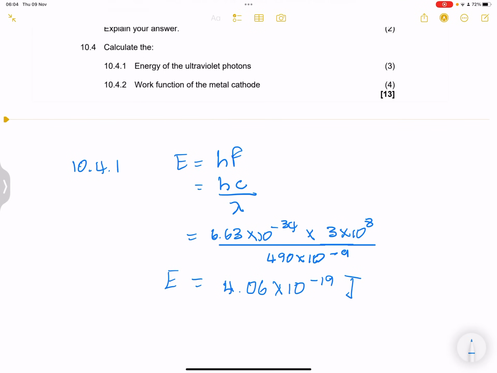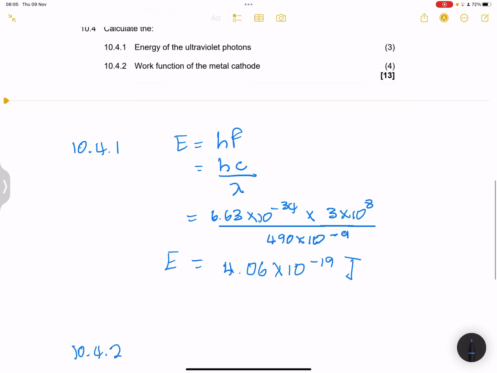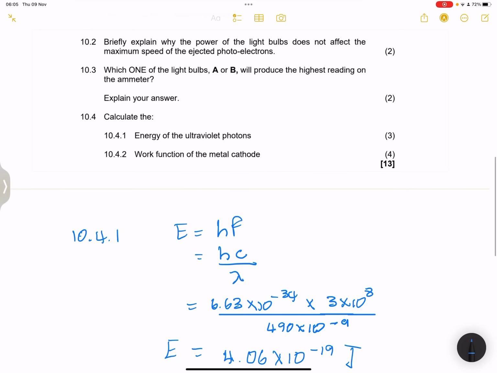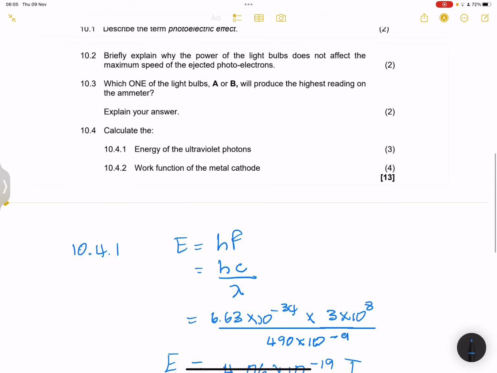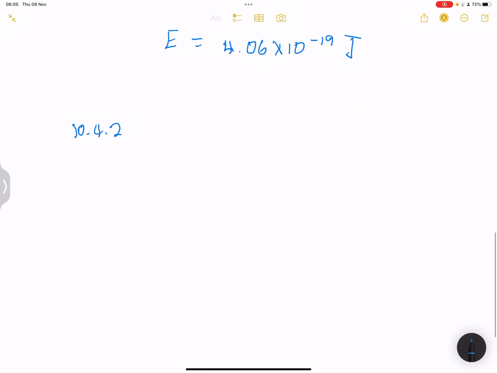That's 10.4.1, but what about 10.4.2? We wanted to find out the work function of the metal cathode. Note we were given at the top there the maximum speed of the electrons. So we know that E is equal to omega 0 plus EK max.